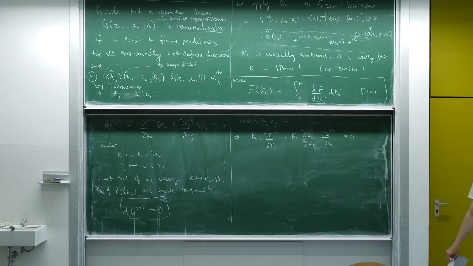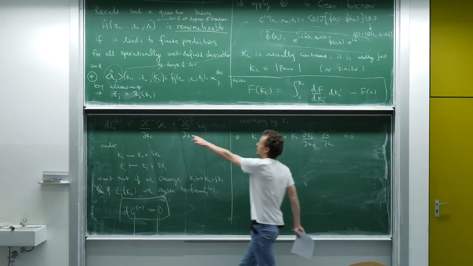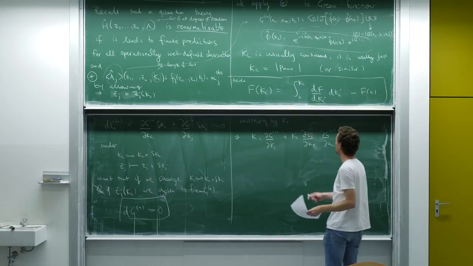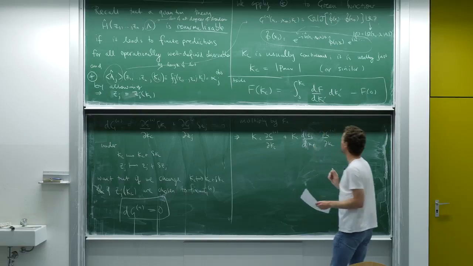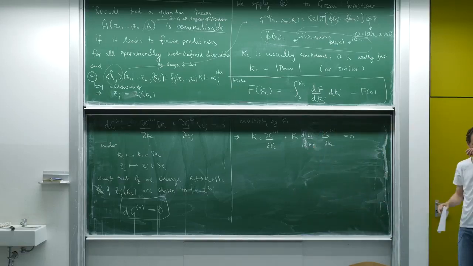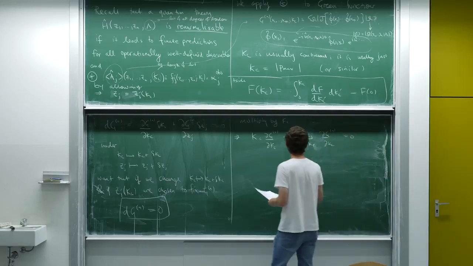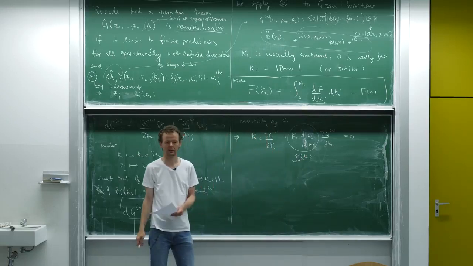For convenience, we're going to multiply by kc on the left-hand side, and on the right-hand side we're going to divide by dkc. So we end up with this expression here. Now, we can make that a total derivative. And we're going to give this thing a name. This is called the beta function, beta_j(kc).